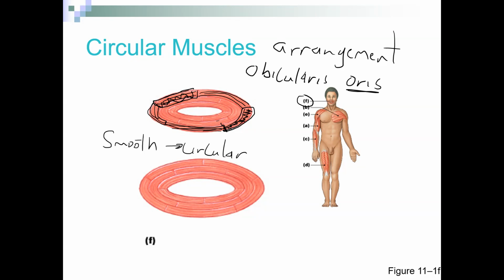Think about as you're speaking, you're contorting your lips to give different shapes, and you're changing the opening to your mouth as you're speaking to change the noise coming out of your mouth to words. So the ability of the circular muscles in the skeletal system to contract differentially, different parts to contract essentially, allows you to form words, right?